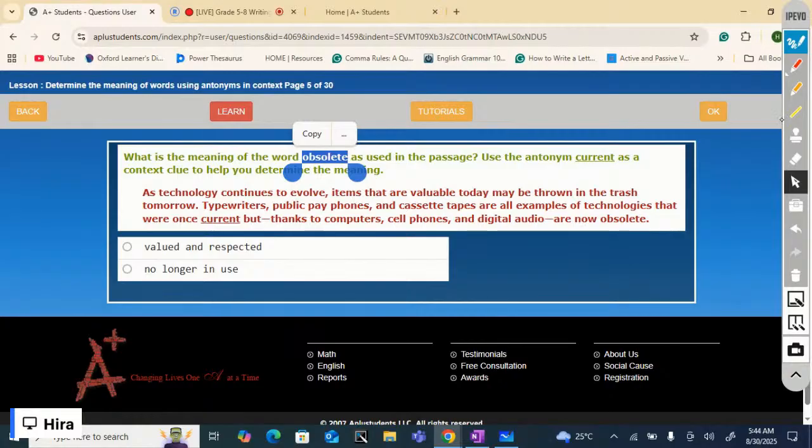Does obsolete mean valued and respected or no longer in use?